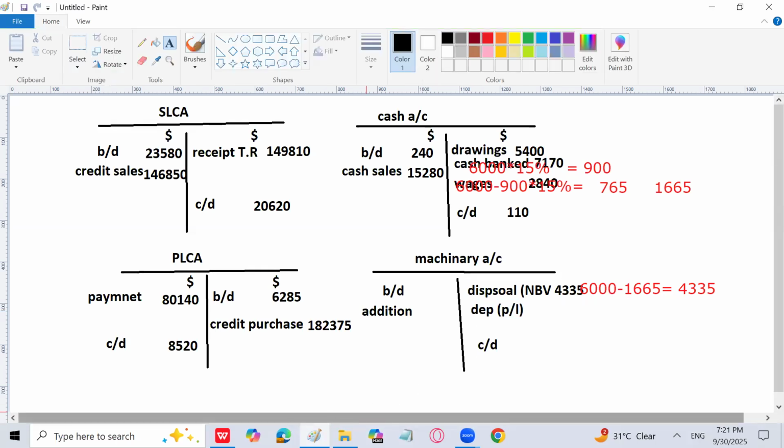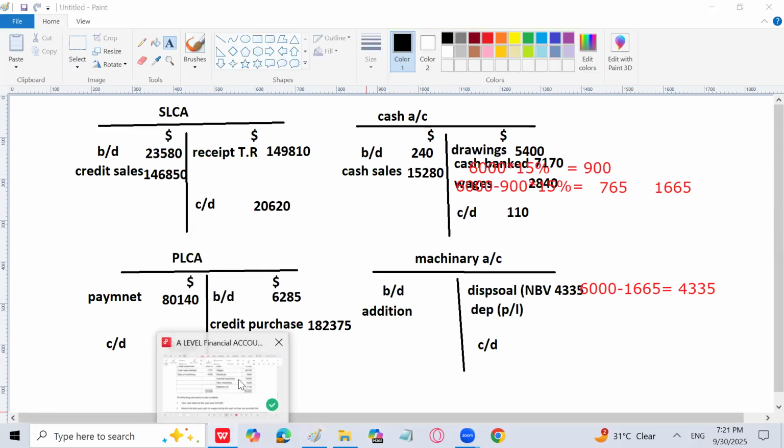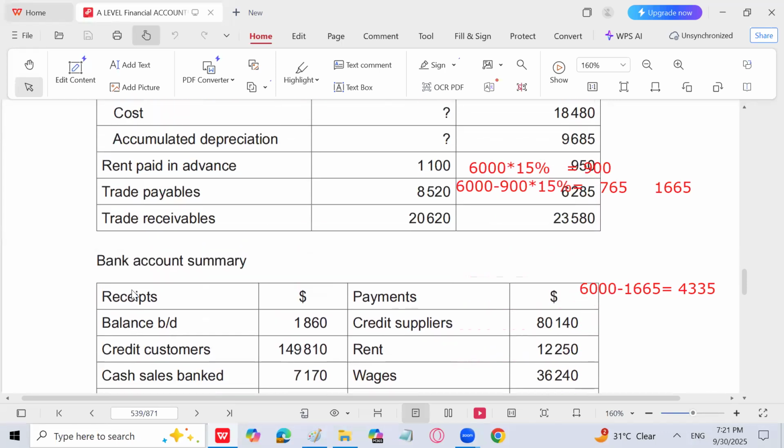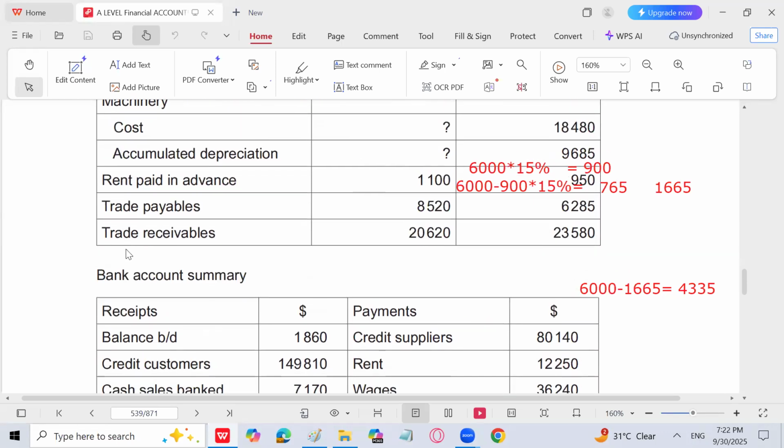So let's see the brought down balance. The brought down through net book value we have to calculate. How, sir? The machinery cost is given at the start, 18480, minus total depreciation till that time, 9685. Calculate 18480 minus 9685.